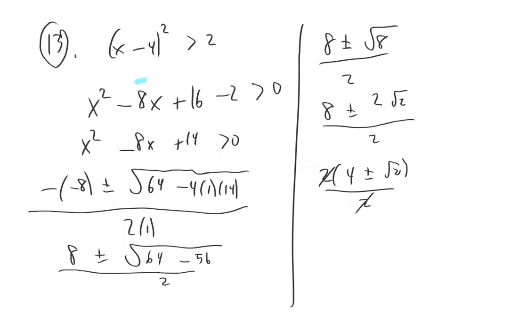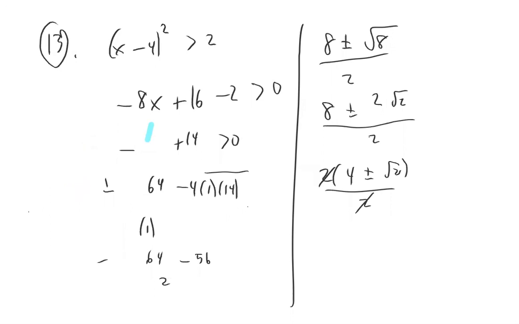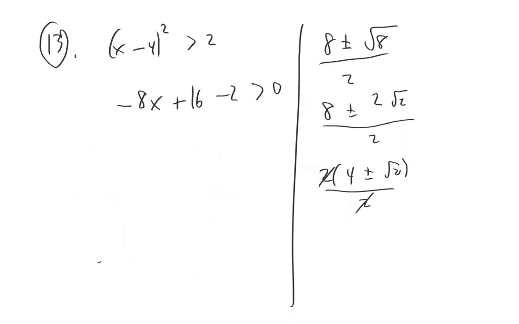So I'm going to erase this left side. And then I actually need that part that I erased at the top, x squared, yep, there we go. I'm going to draw a number line now.